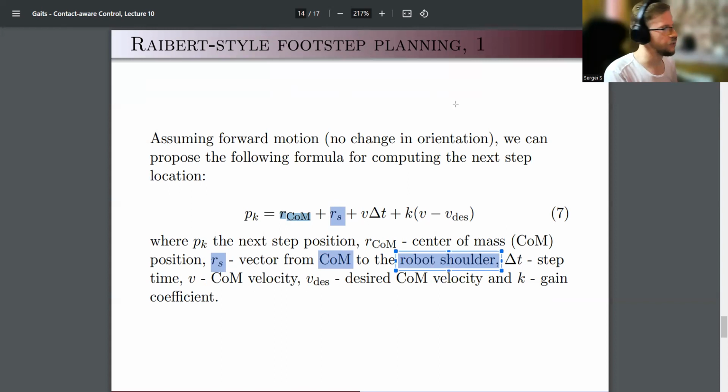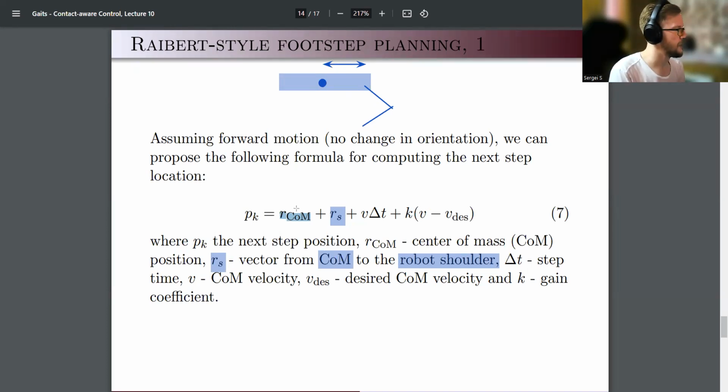So if you have a robot, let's say a quadruped, because at this point it doesn't matter if it is a biped or quadruped. Here's your center of mass, and you can have, for example, this length. That would be RCS, the distance from the center of mass to the robot shoulder.